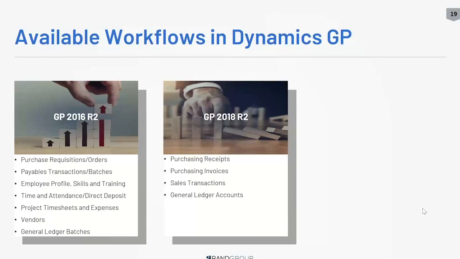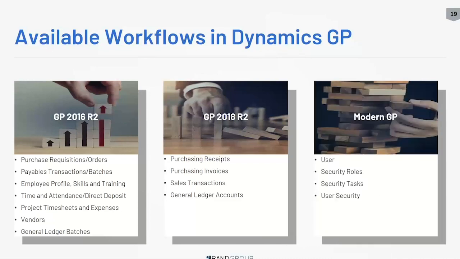Okay. So on your screen, you should be seeing now my presentation and the slide that shows the available workflows in 2016 R2 and 2018 R2. And lastly, in the modern GP, they've added more system-related workflow types, such as users, security roles, security task, and user security that you could set up with a workflow.